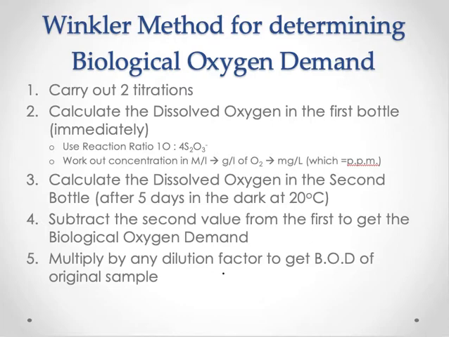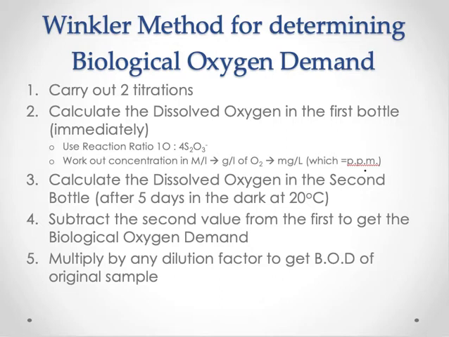Then in that second example, we were only asked to work out the dissolved oxygen from one sample. So there we did our titration, and we worked through our V1M1N1, and we used our 1:4 ratio. Once we got our concentration of oxygen in moles per litre, we changed that to grams per litre, and then to milligrams per litre, which was the same as parts per million.